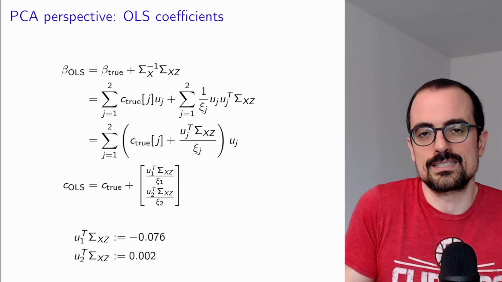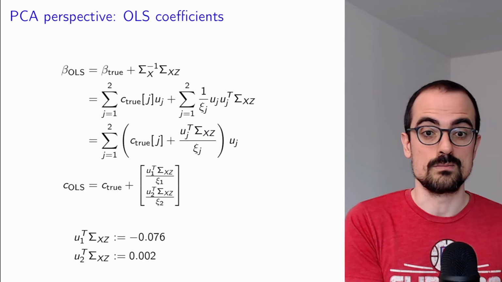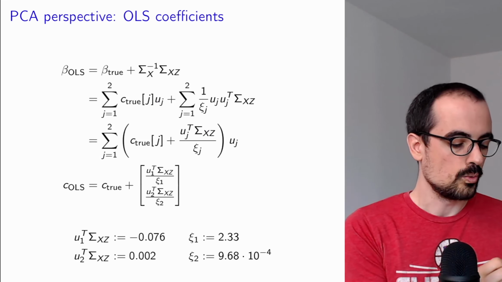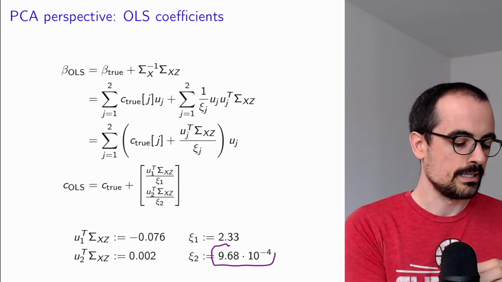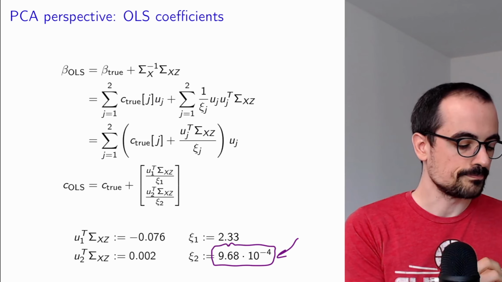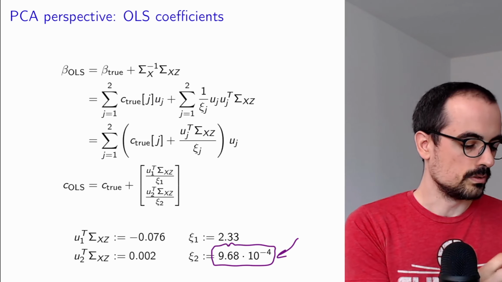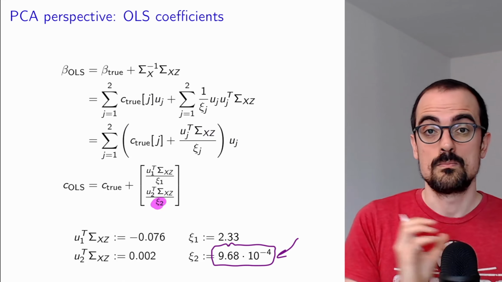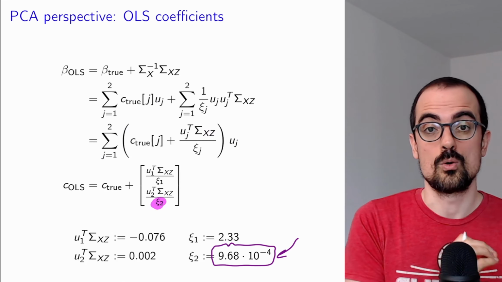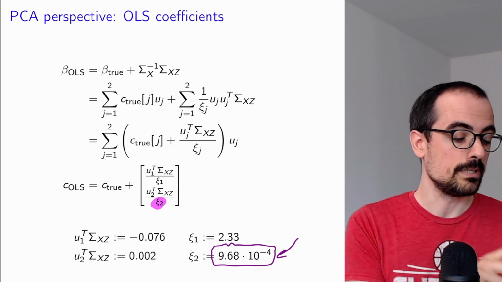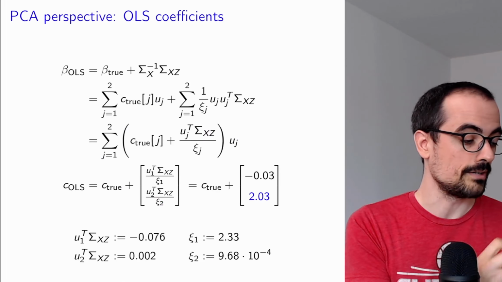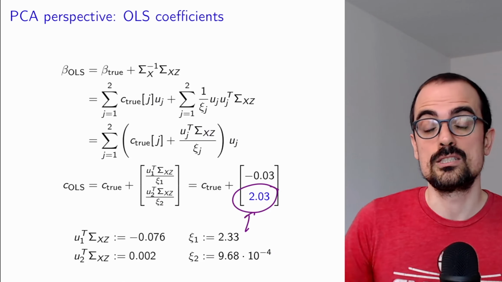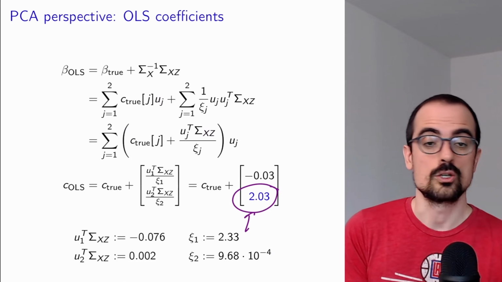But because the features are collinear, we have very, very little variance in the second principal direction, which I'm going to highlight here. And that is going to make that part of the OLS coefficients explode. The amplitude of the OLS coefficients in the second principal direction is crazy, and it's going to completely distort the OLS coefficients.